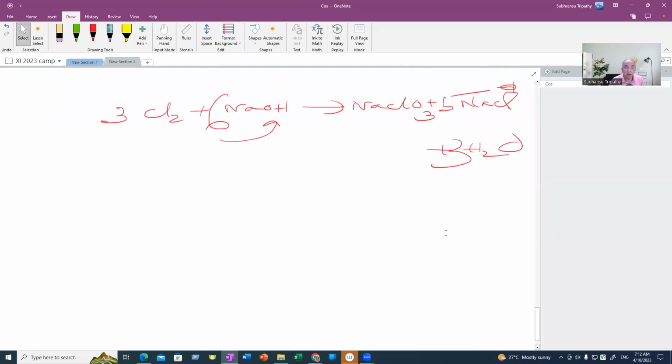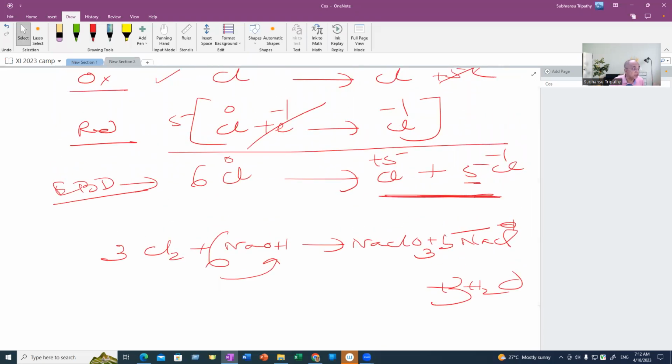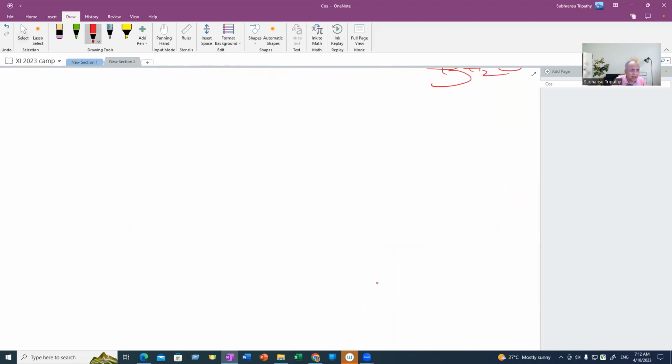Now that we know the trick of how to balance an equation by the ON method, let us now handle ionic equations.